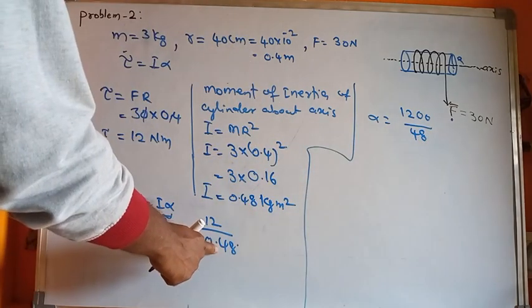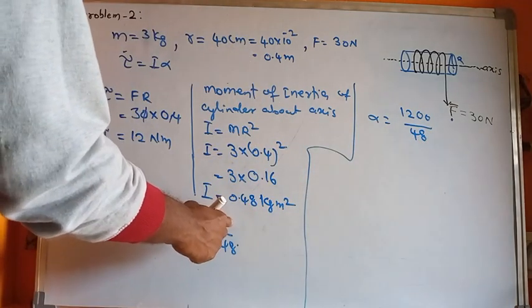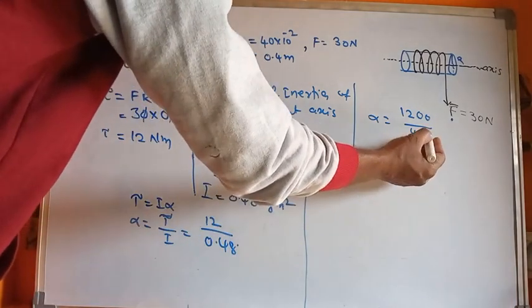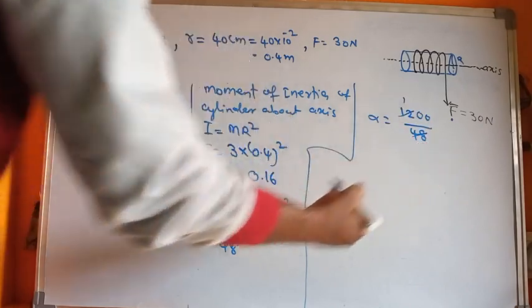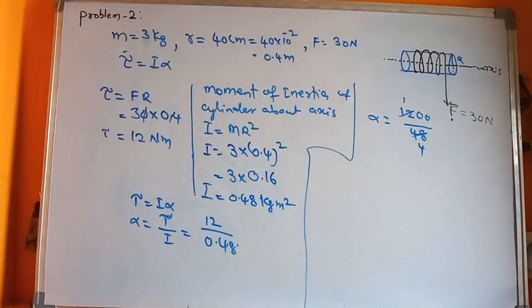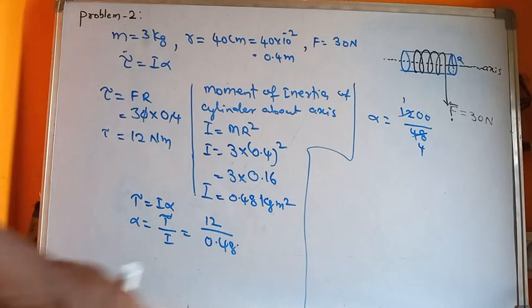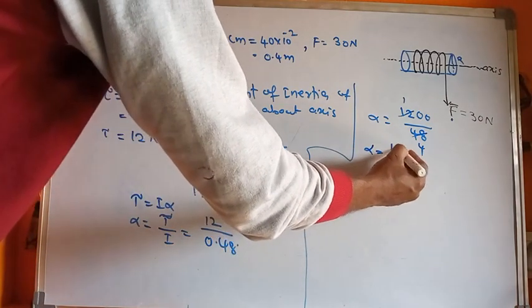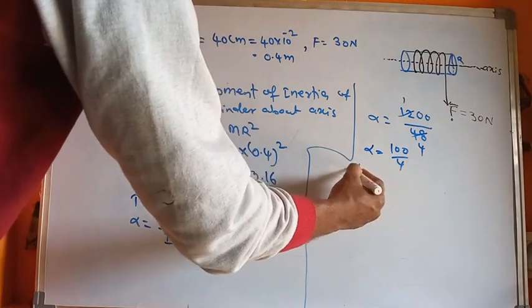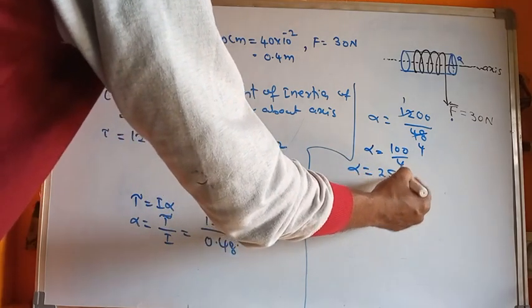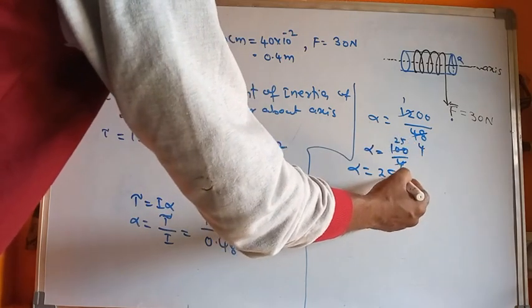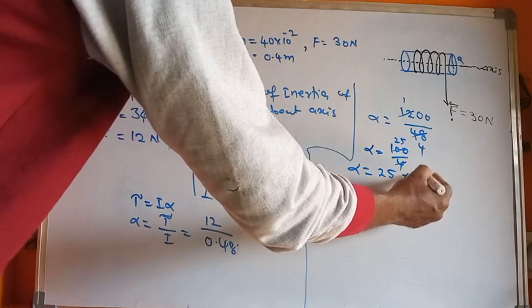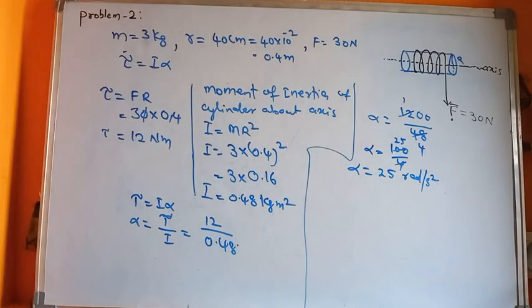Removing the decimal point, we get 12 over 48, so alpha is equal to 100 by 4, which is 25. So alpha is 25 radians per second square. This is our angular acceleration.